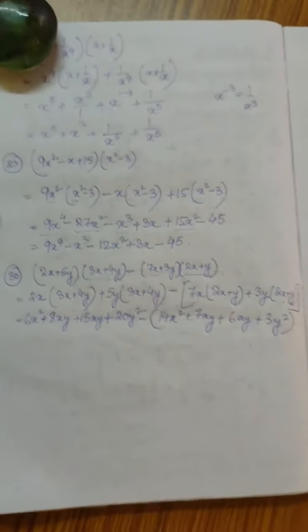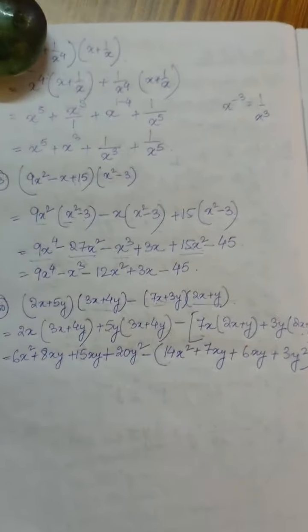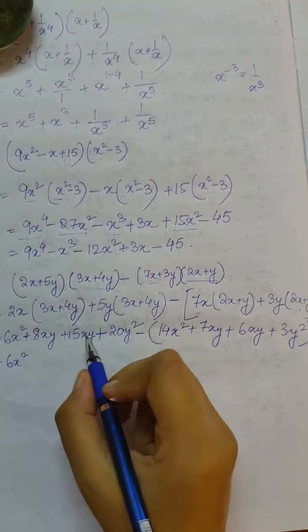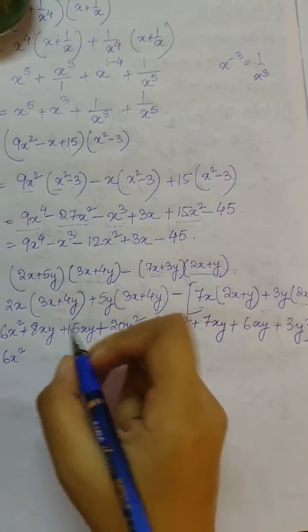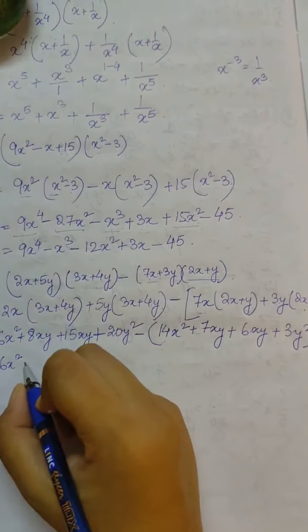So this is what I am getting. Now we will open the bracket. So 6x square. Now 15 plus 8 is how much? 23. So plus 23xy plus 20y square. Then I have taken minus.